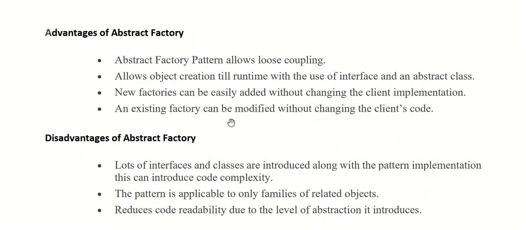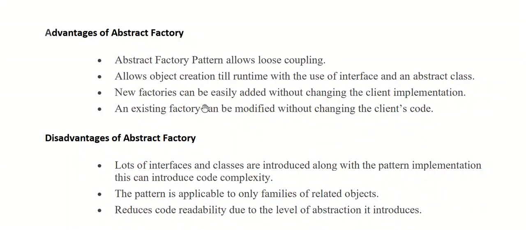Your object creation will go till runtime, based on the input you pass. That input will be read, and based on its value your objects will be created. And again, you will never reference the exact concrete class. Always you will deal with the interface or abstract class reference variables.